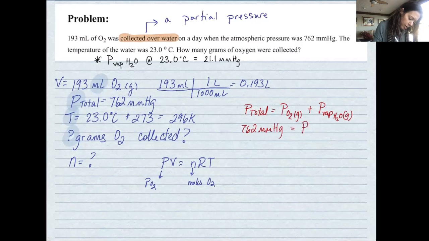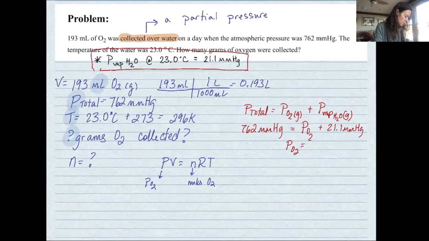We need the pressure of the oxygen, and we're given the pressure of the water vapor at the given temperature, that is 21.1. So the pressure of our oxygen will be the difference in those two, and that will be 740.9 millimeters mercury.